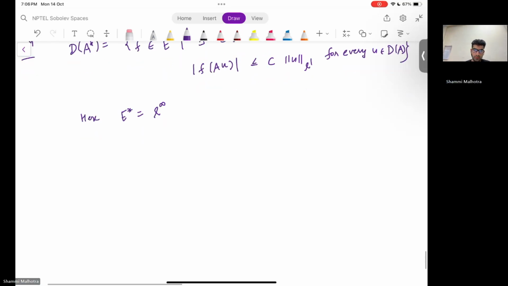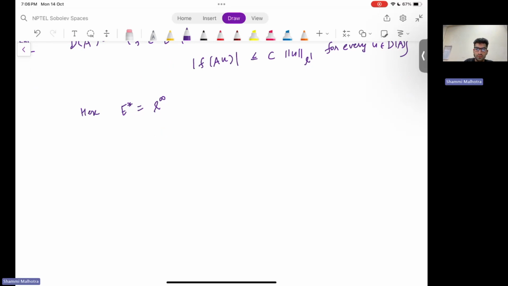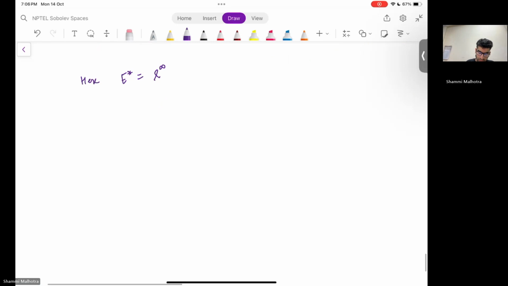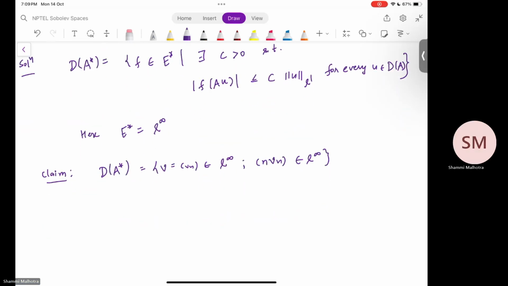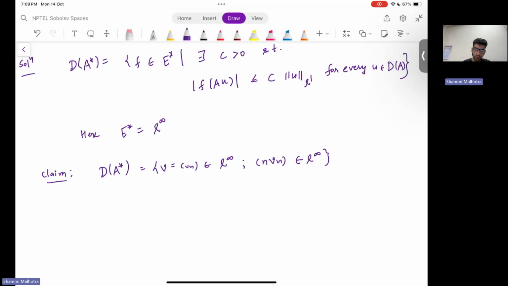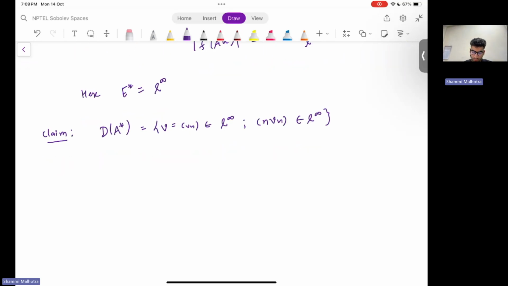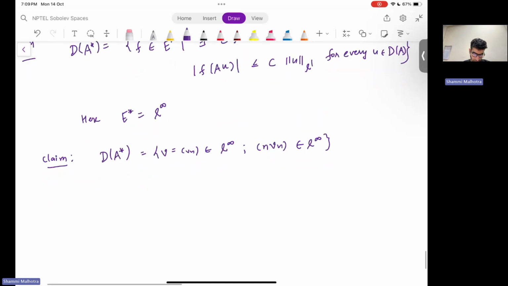Whatever we claim, we will prove that D(A) star is nothing but all those v in (v_n) which are in L infinity, such that n v_n will actually lie in L infinity as well. So this is our claim. We would like to prove that D(A) star has to be equal to all those v in L infinity so that n v_n is again in L infinity, this new sequence.